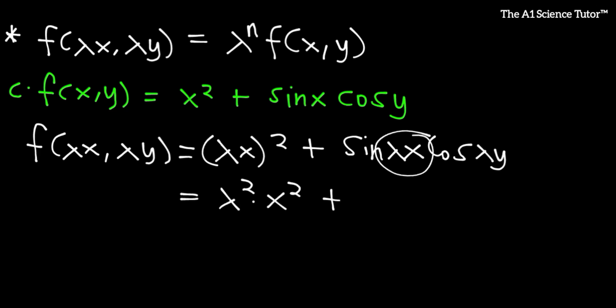But for this, we cannot actually take lambda away from the sine, neither can we take it away from the cosine. That is because the angles are actually different, and there is no trigonometric identity that would take us to finding how we could take lambda away from here.